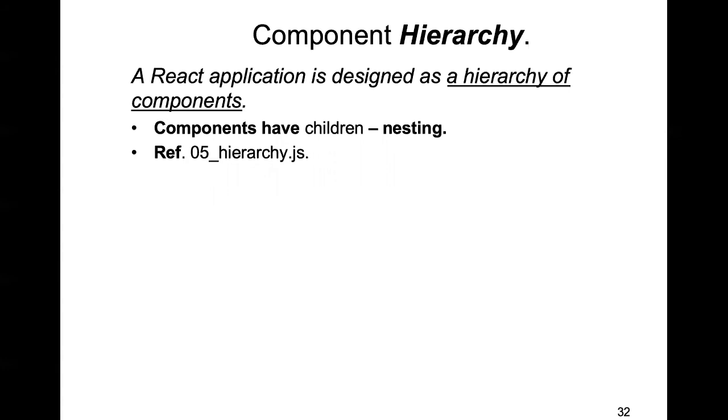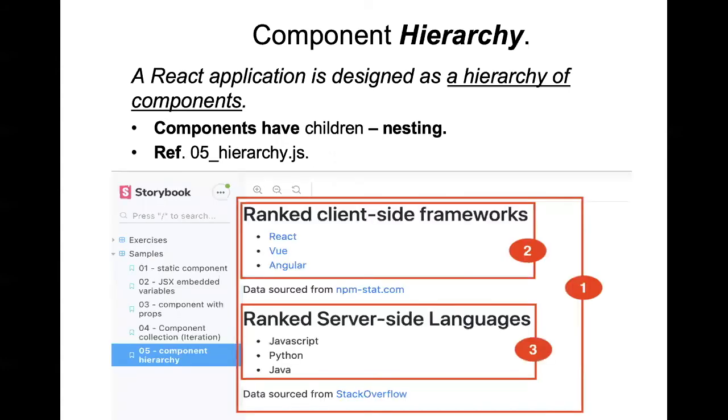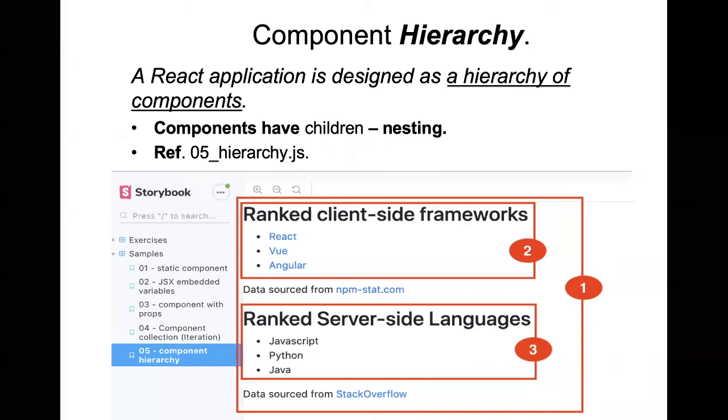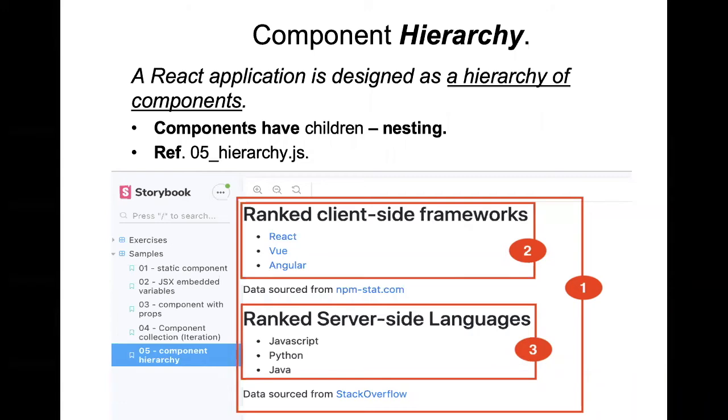By way of illustration, let me look at the UI first of what sample 5 does. Sample 5, as we'll see now, is going to be made up of 3 components, which I've just numbered there as 1, 2, 3. Now 2 and 3, I'm actually reusing from earlier samples, sample 3 and 4, I think. And the component numbered 1 is going to be at the top of my hierarchy, and it's going to have 2 children. And this idea of the way I've boxed off the UI there is actually going to be part of the design process, as you'll see later on.